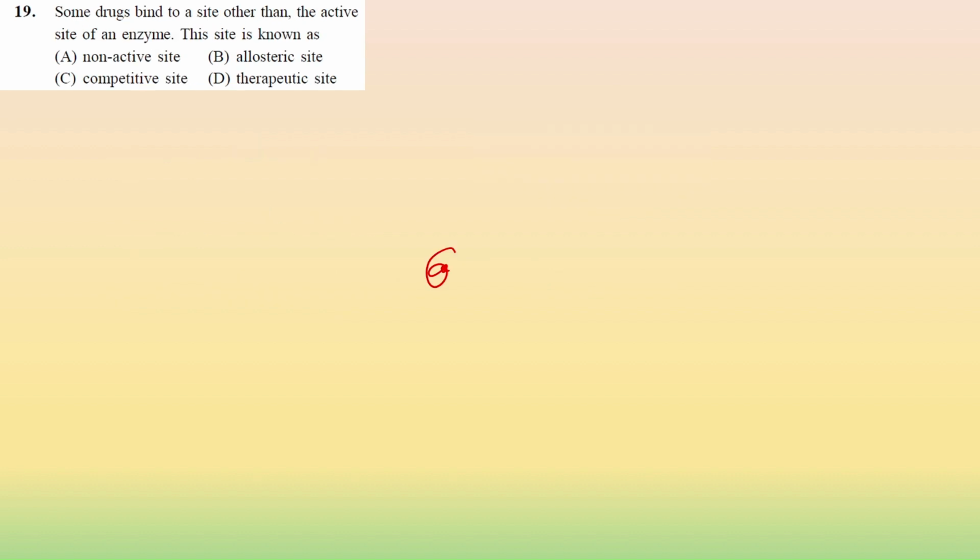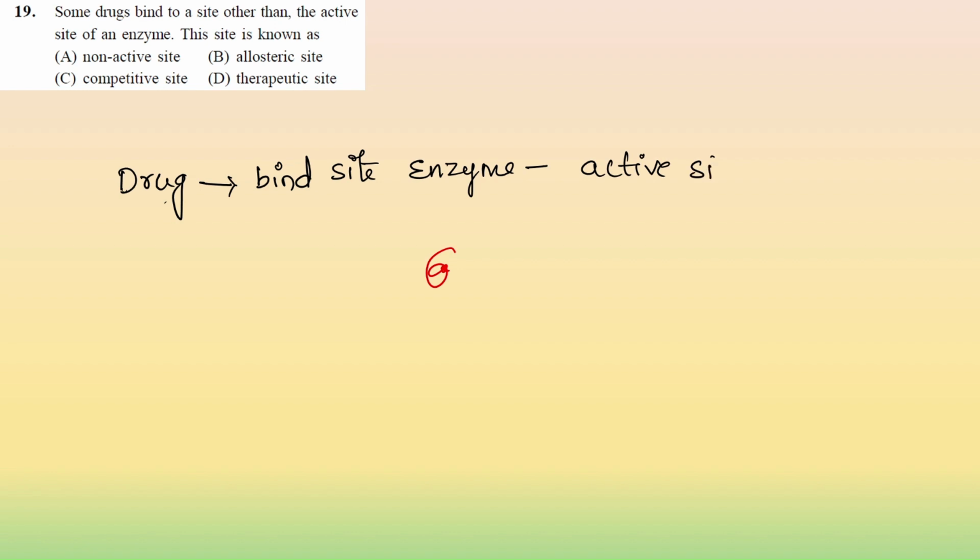Some drugs bind to a site other than the active site of an enzyme. That site is known as? Generally, when a drug binds to the enzyme's own site, it is called the active site.